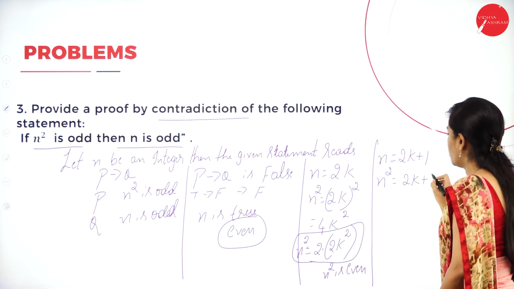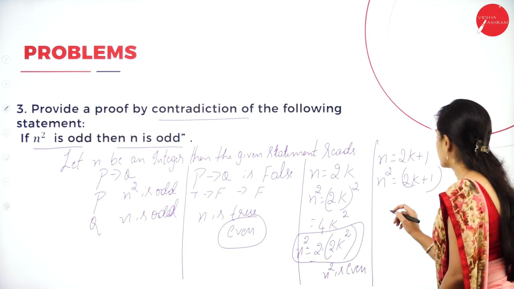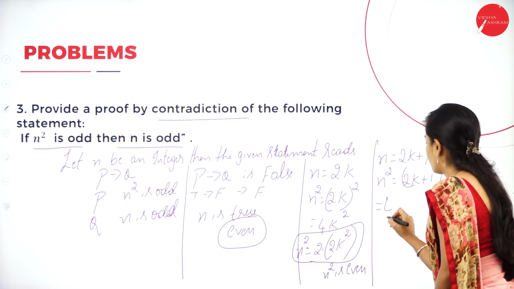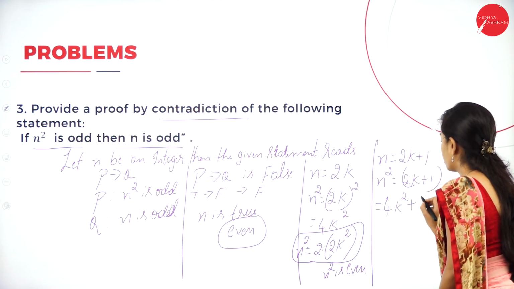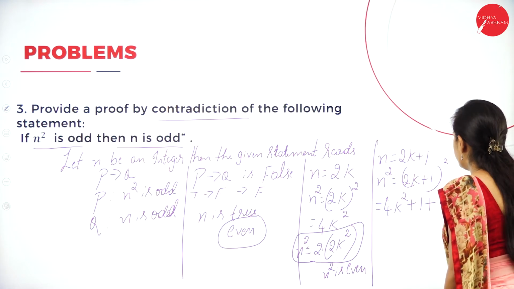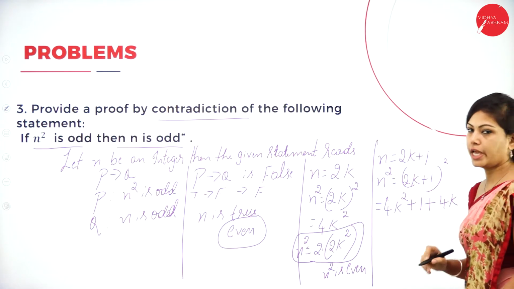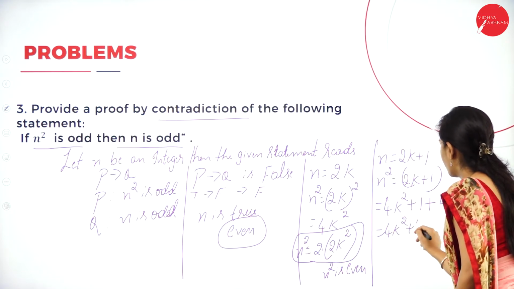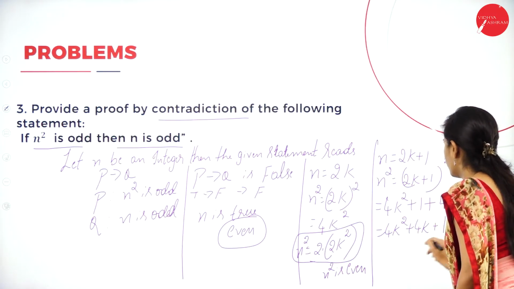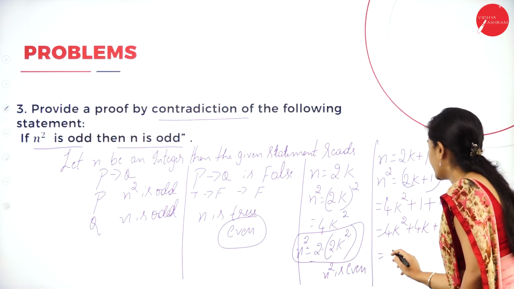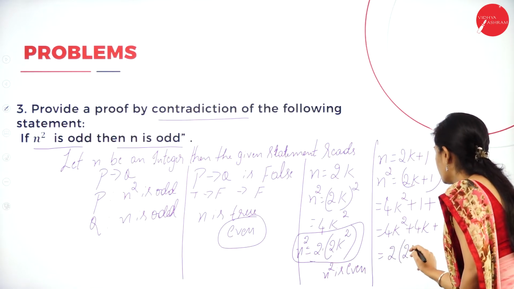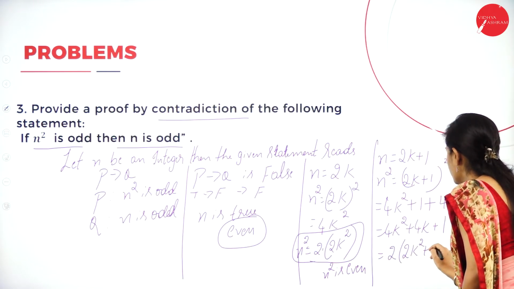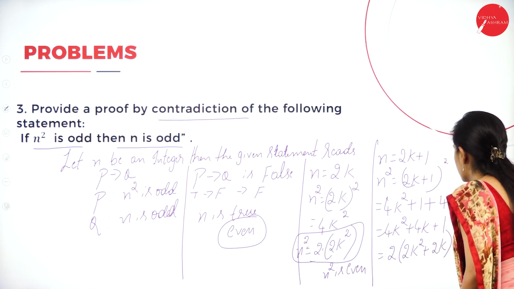2k plus 1 whole square. This is in the form of the a plus b whole square formula. So 4k square plus 1 plus 4k. So rearrange this: 4k square plus 4k plus 1. Now I will take 2 as a common factor: 2 into 2k square plus 2k, plus 1.